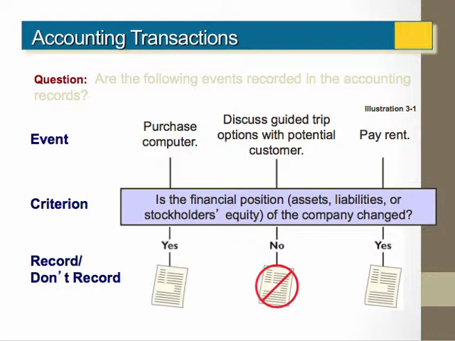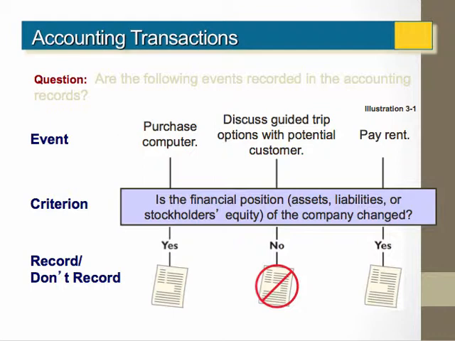So, because of that event, I'm going to record the purchase of the computer. If I'm going to talk to one of my customers, that might be an event, but it really doesn't have an effect on my financial statements. The mere fact that I'm talking to a customer does not increase or change my assets, my liabilities, or equity, so therefore I'm not going to record that event.